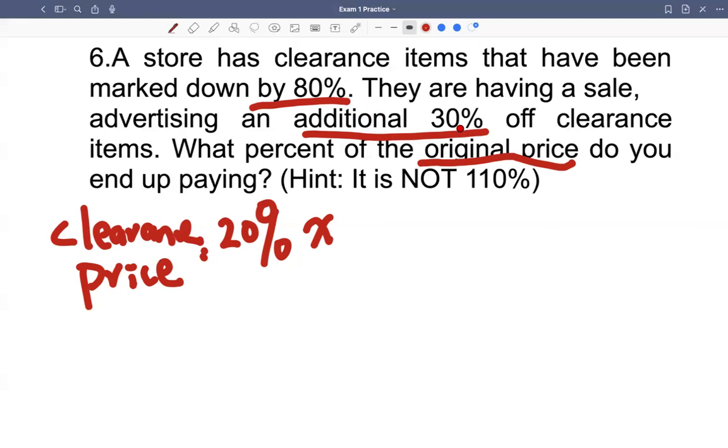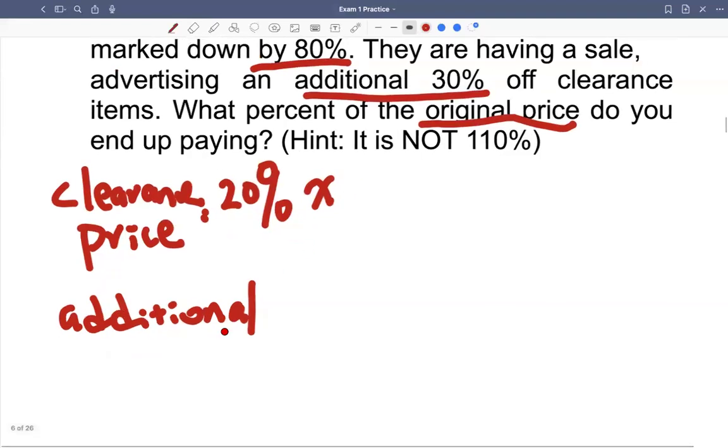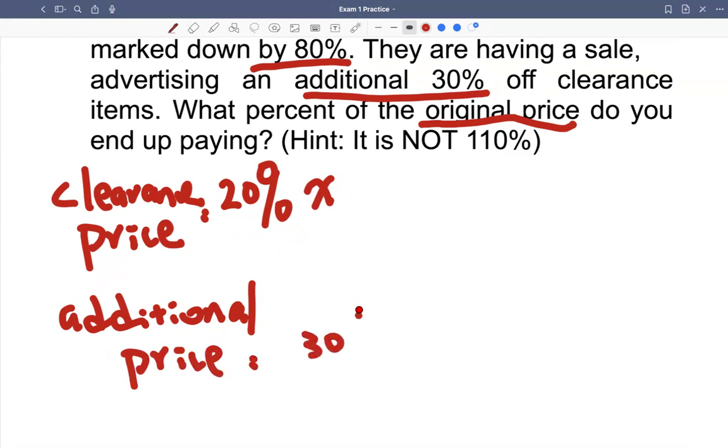Then an additional 30% off this clearance price. So after the additional 30% off, the price now becomes 70%, right? 100% minus 30%, because 30% off means we have to pay 70% of the clearance price.